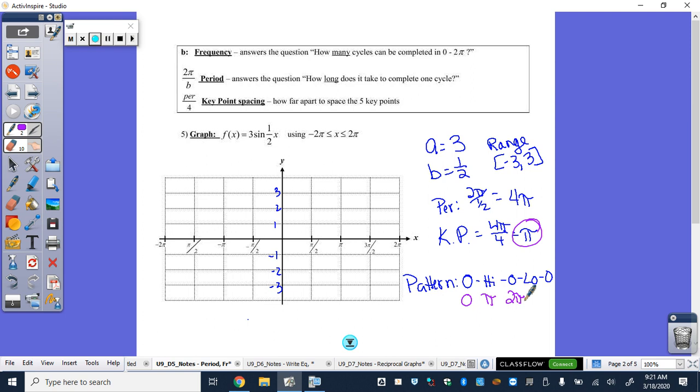This is going to happen at 2 pi. If I continued on, that would be at 3 pi and 4 pi. I'm not continuing on. I'm stopping at 2 pi. So I'm only going to get 0, pi, 0, from 0 to positive 2 pi. And then if I were to continue my sine curve over here in the negatives, this would have to go down to negative 3 and then back up to 0.